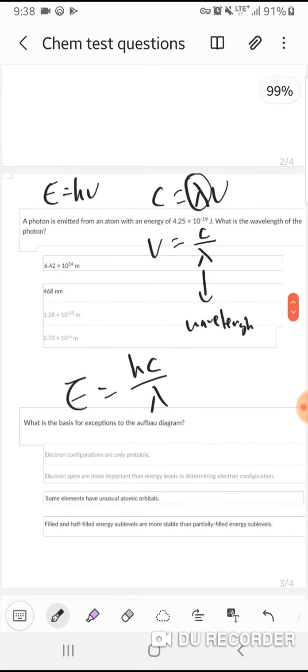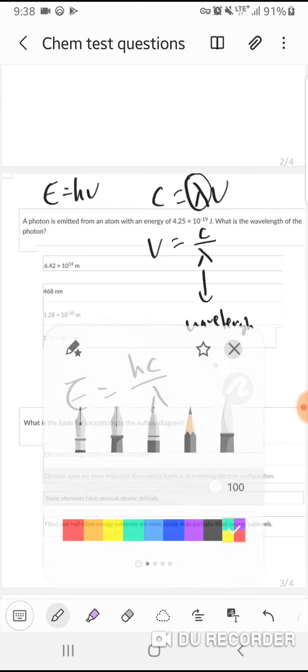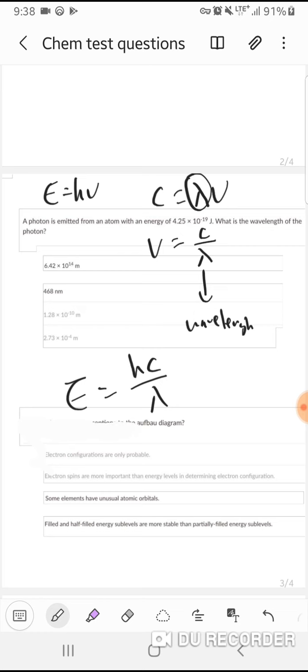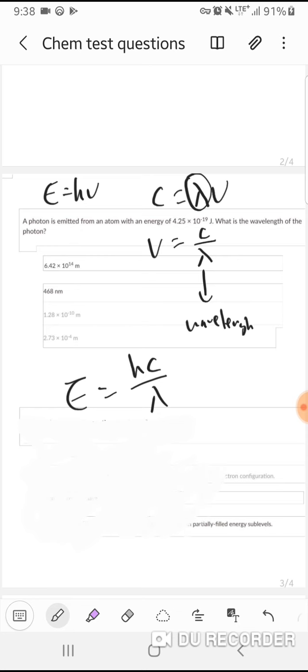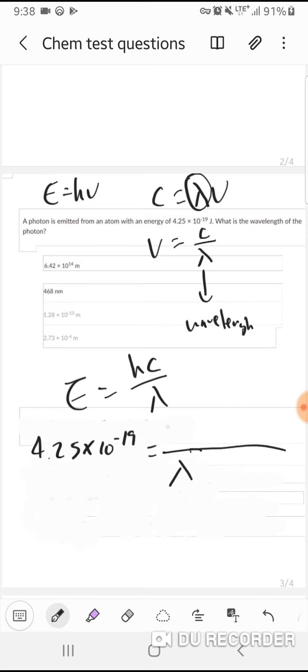And since we know that E equals 4.25 times 10 to the negative 19th power, we'll write that 4.25 times 10 to the negative 19th power equals hc over lambda. h is Planck's constant, which is 6.626 times 10 to the negative 34 power, I think.